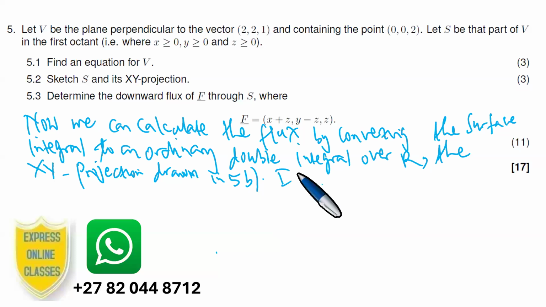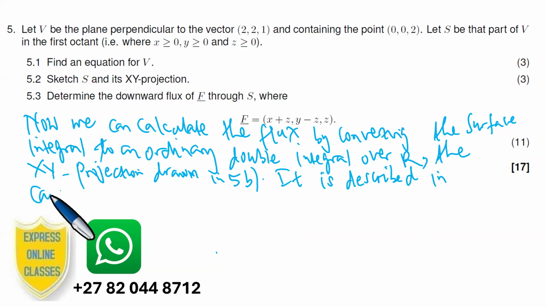It is described in Cartesian coordinates as.